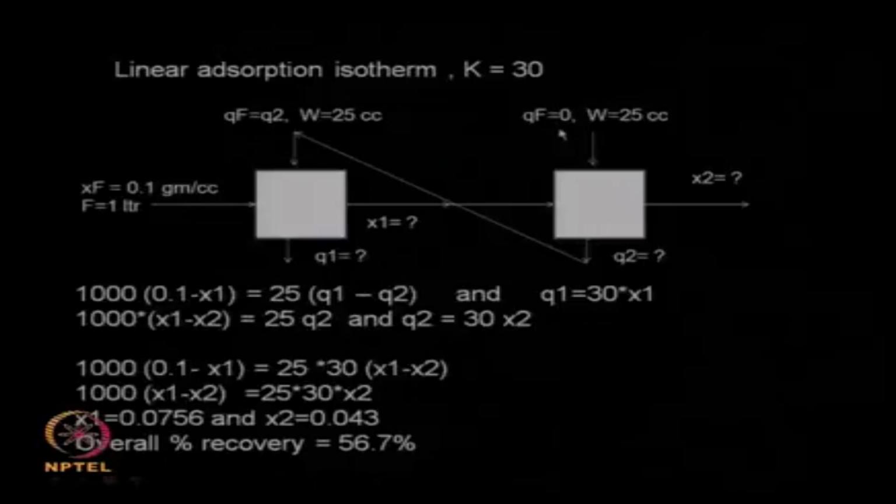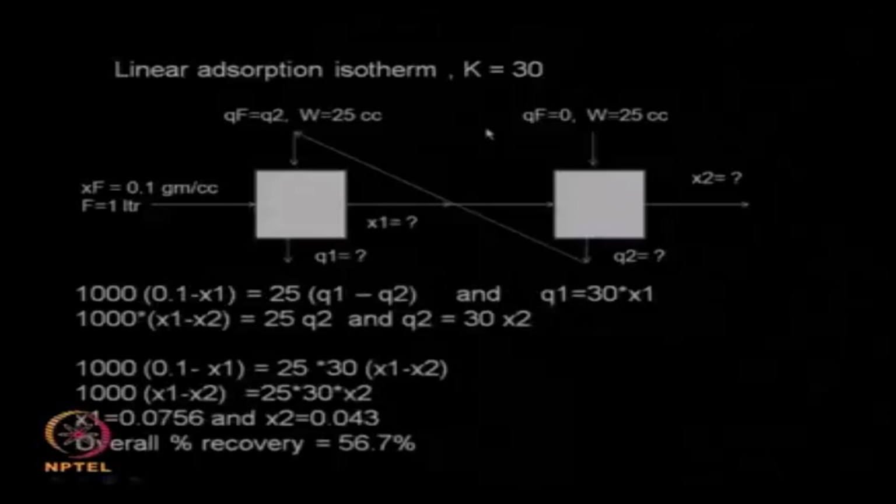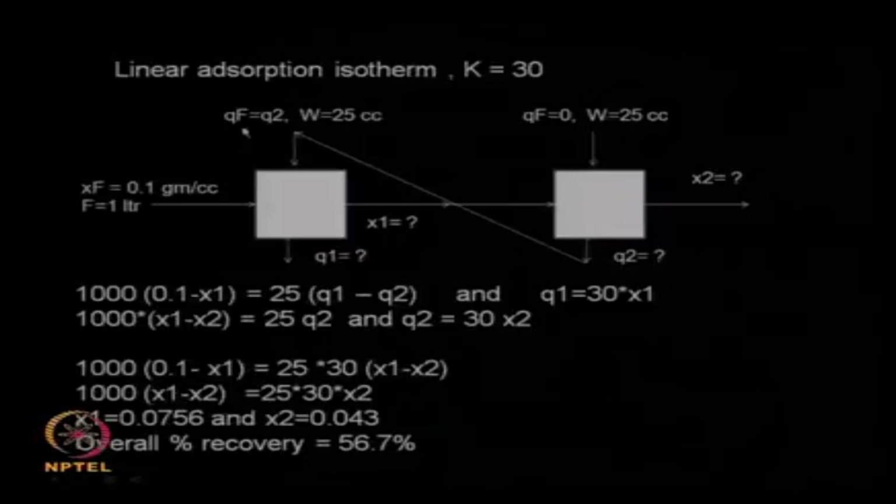In a cross flow system we took QF equal to 0 in all cases because you are adding fresh adsorbent, whereas in a counter current system, because the adsorbent used in stage 2 is sent to stage 1, it contains some amount of solute adsorbed, so there QF is not equal to 0, but here you are adding a fresh adsorbent, that is why QF equal to 0.